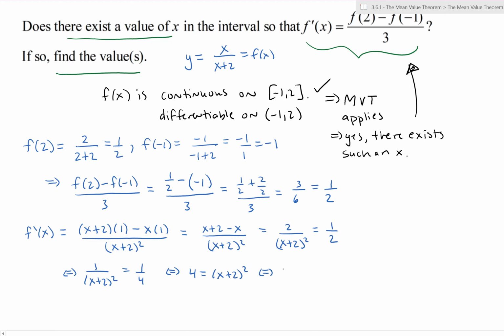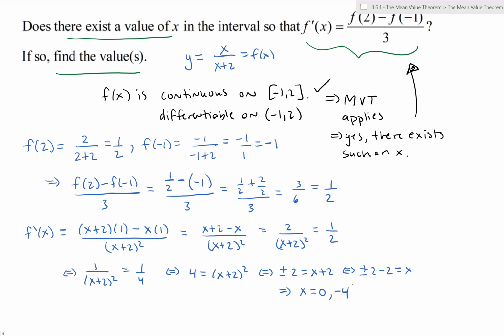Go ahead and root both sides, giving me plus or minus 2 is equal to x plus 2. So we get plus or minus 2, minus a 2, is equal to x. So what two values is that? Well, it's 2 minus 2, so x is equal to either 0 or negative 4.